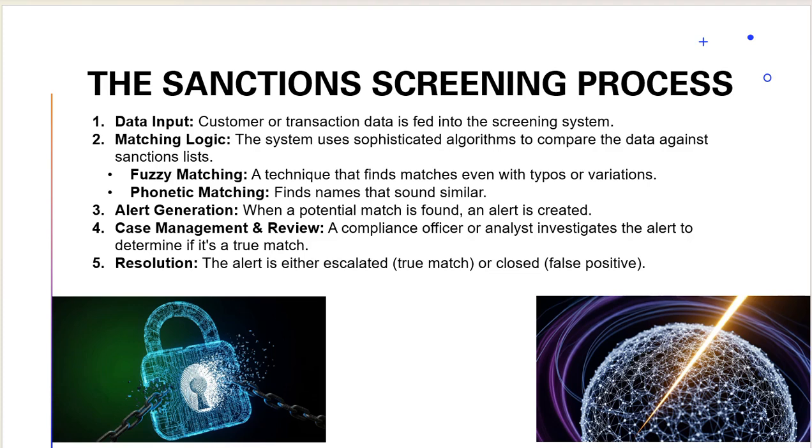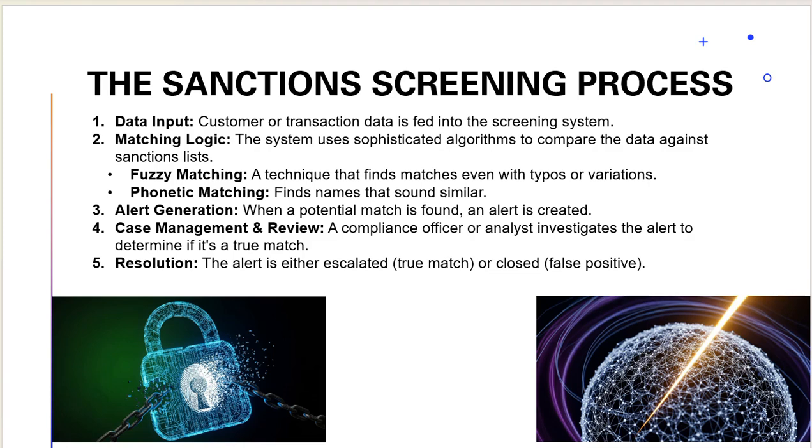Exact matching, partial matching or no matching will happen. The phonetic matching technique is also there, which finds names that sound similar. These are the two techniques sanction screening uses to match the names of two different persons.